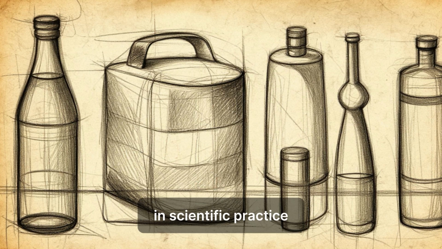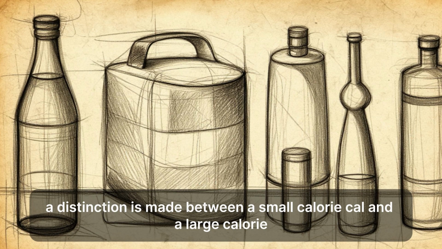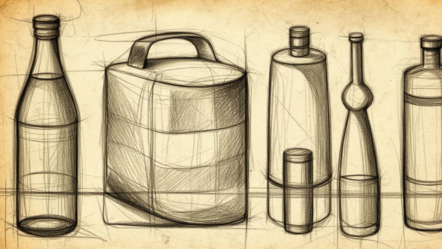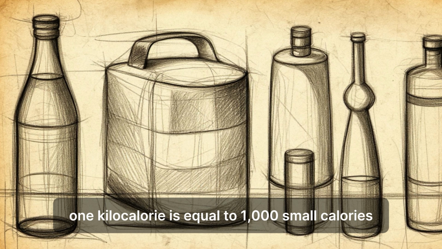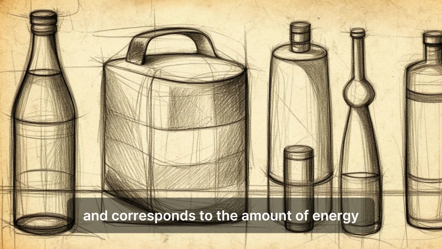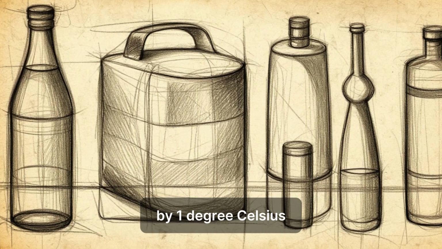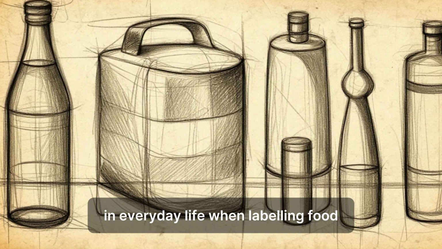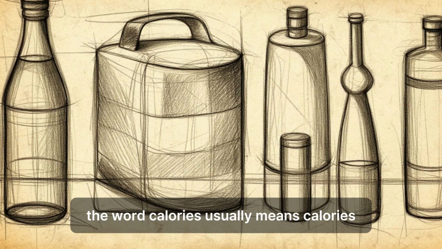In scientific practice, a distinction is made between a small calorie, cal, and a large calorie, kilocalorie, kcal. 1 kilocalorie is equal to 1,000 small calories and corresponds to the amount of energy needed to raise the temperature of 1 liter of water by 1 degree Celsius. In everyday life, when labeling food, the word calories usually means kilocalories.